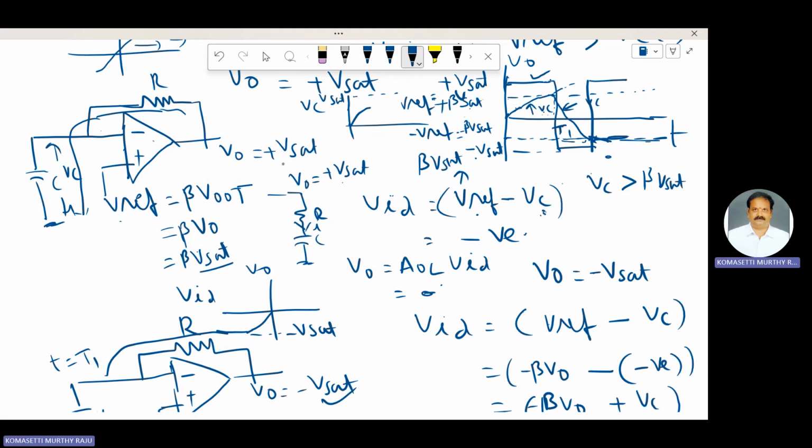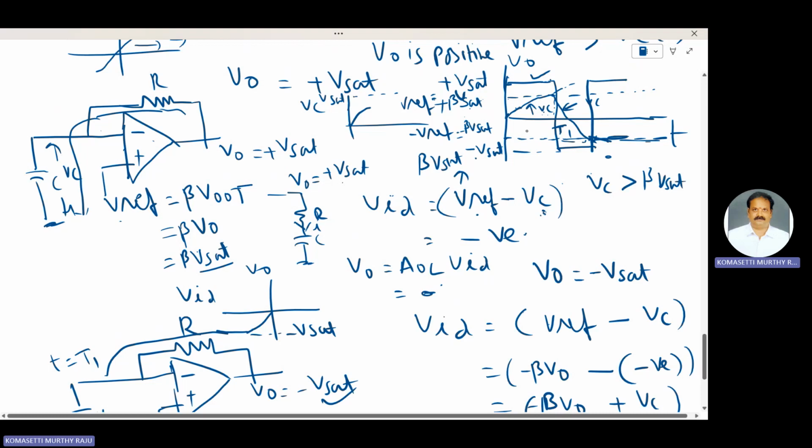Therefore, the output of the astable multivibrator oscillates between these two states, plus V sat and minus V sat.